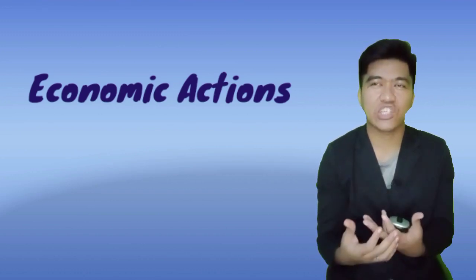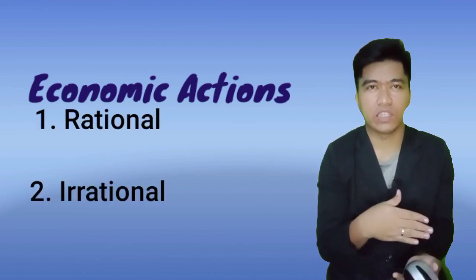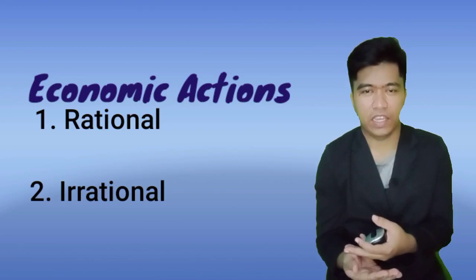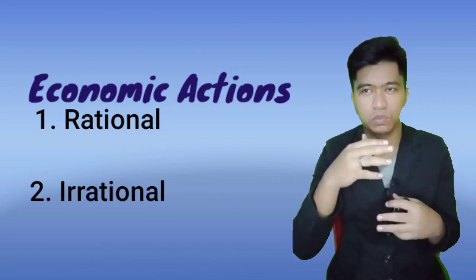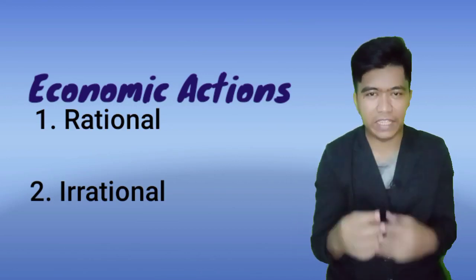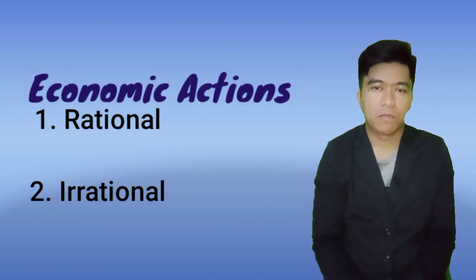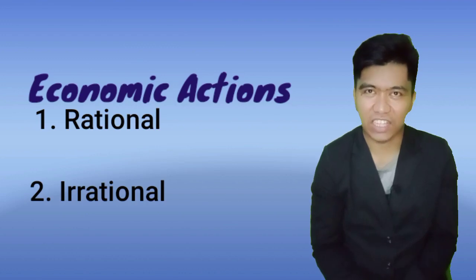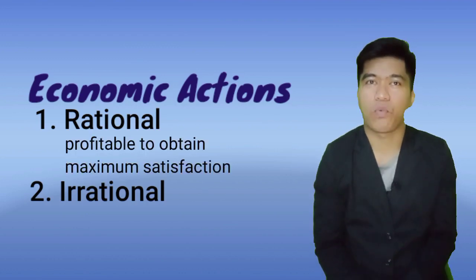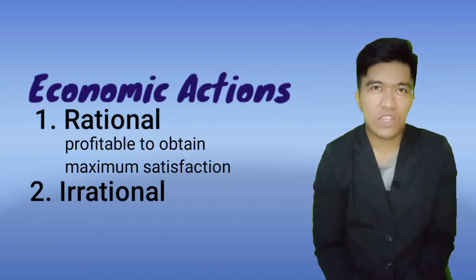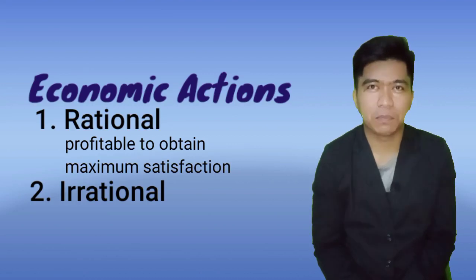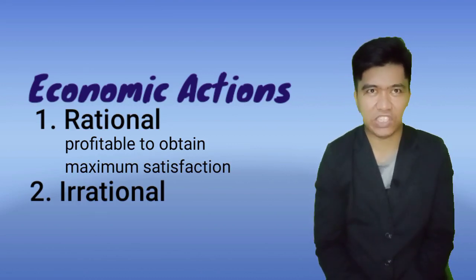But some action could be rational and irrational, and that defines two main group of the economic action: rational and irrational. Rational economic action is an action based on what is more profitable. Therefore, rational economic action is usually to obtain a maximum satisfaction.